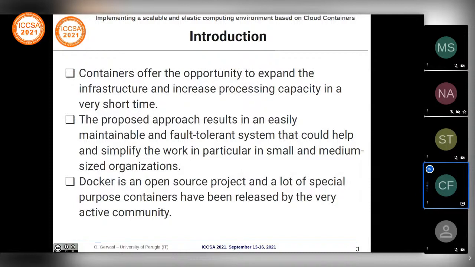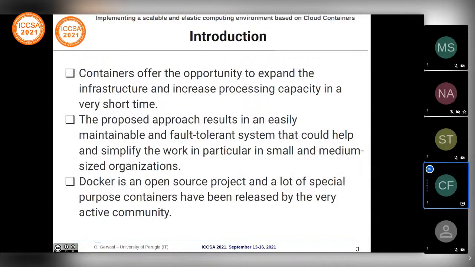The other part is that the proposed infrastructure is maintainable and offers as a consequence some very important outcomes. The principle is that the system will be fault tolerant in this approach. That means that even if damage occurs, if a hardware problem occurs, or even in some cases an attack occurs, the system is able to respond in a very positive way.